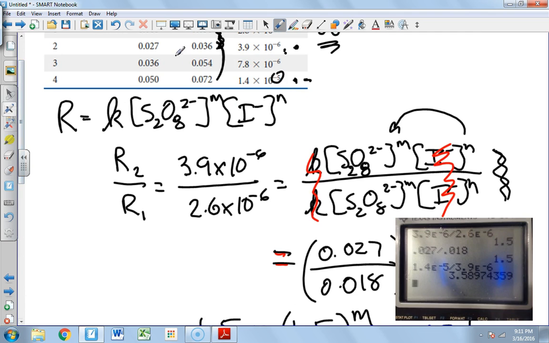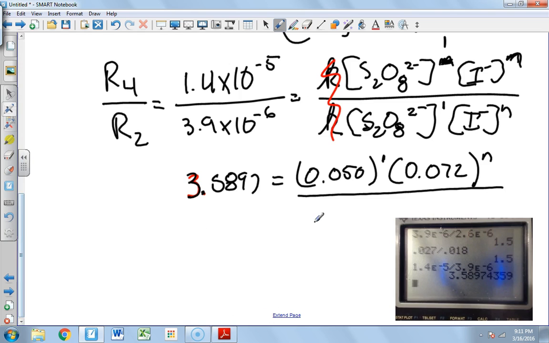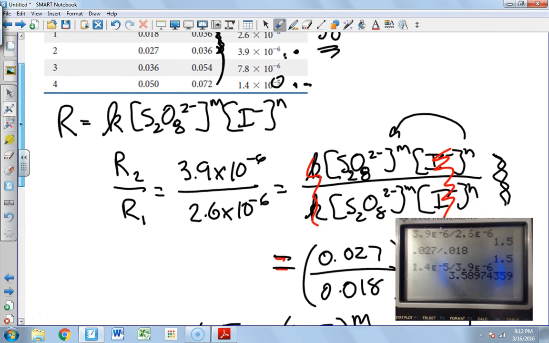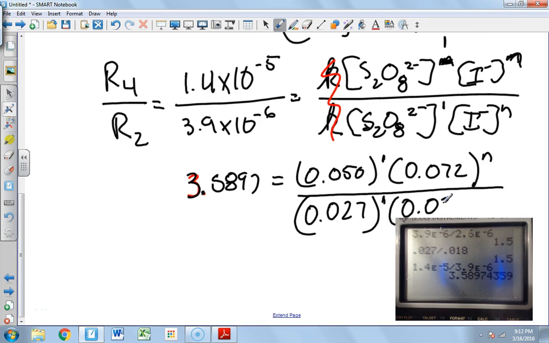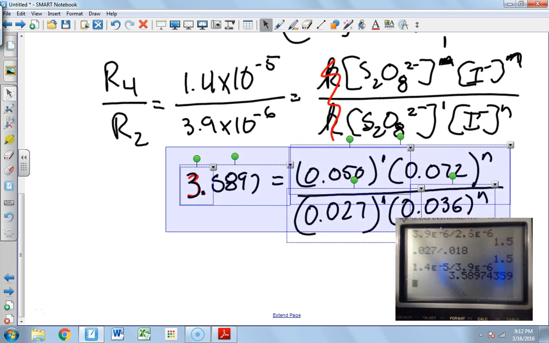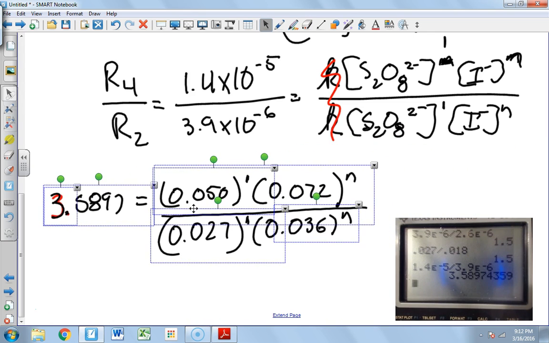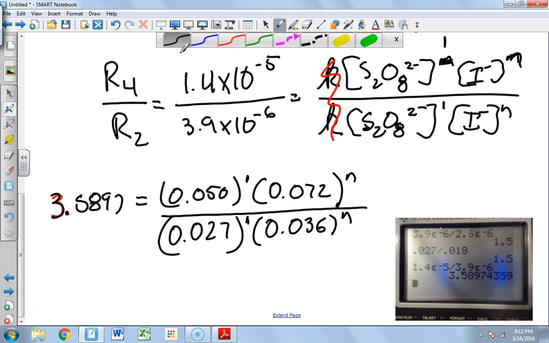So this is not the rate of 2, the concentration is 0.027 raised to the first times, and let me just double check that I minus is 0.036, but that's why I picked it, 0.036 raised to the n. So now we're going to solve this for n.